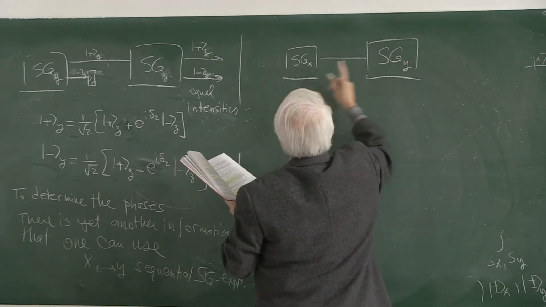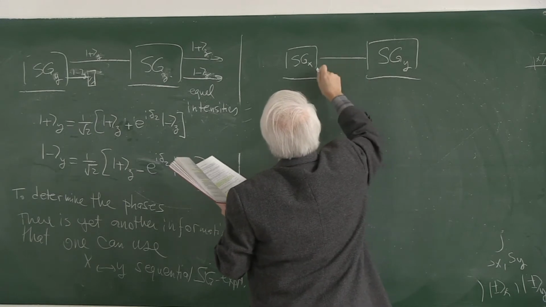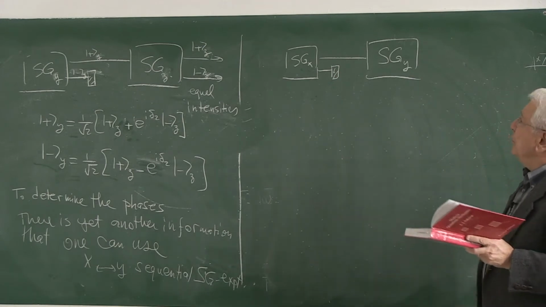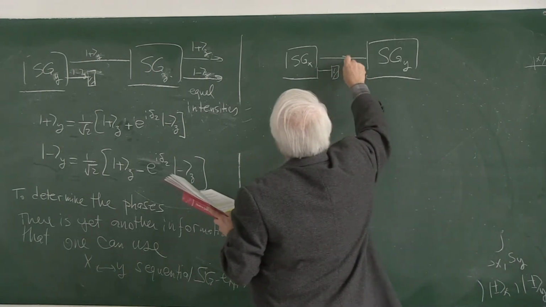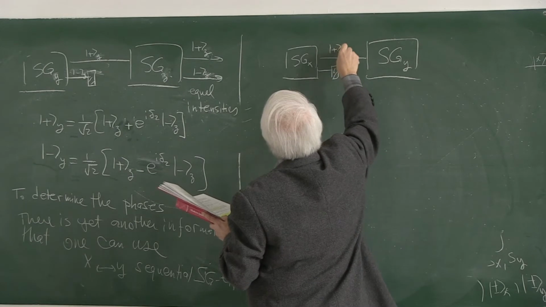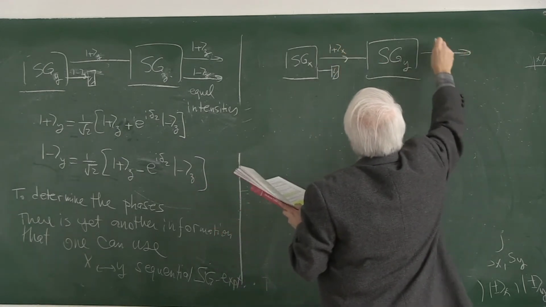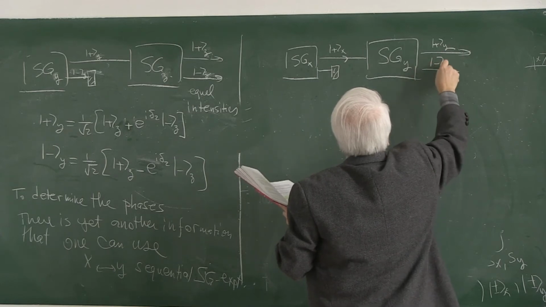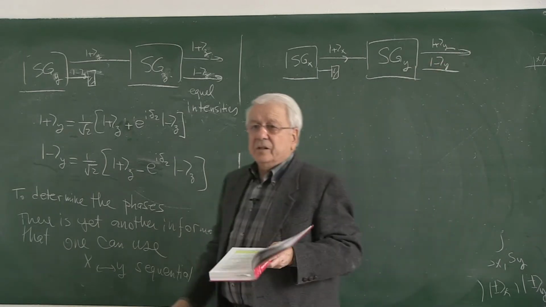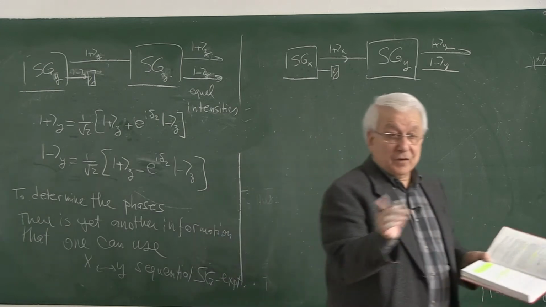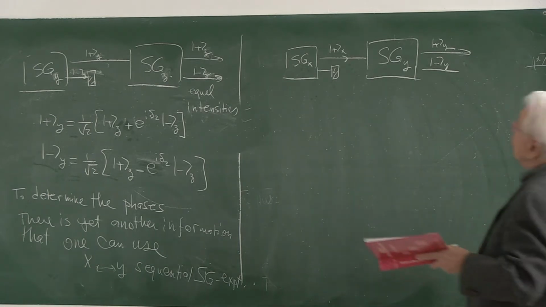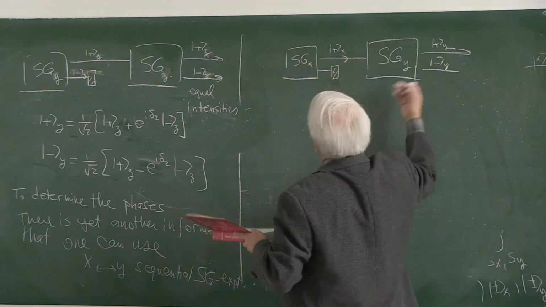You can take this Y to be X anyway. So if you filter out the down component and let the up component pass through, well, out of this, there will be two beams coming out with equal intensities polarized in up and down direction. That's the third system. Notice that we have used the previous two. Now this is the new one. Or you could block this and let it go through.